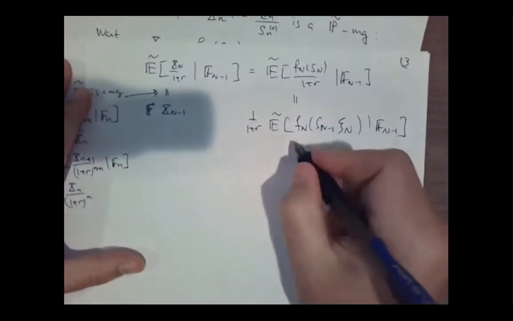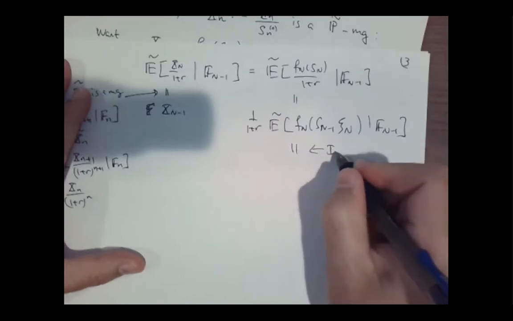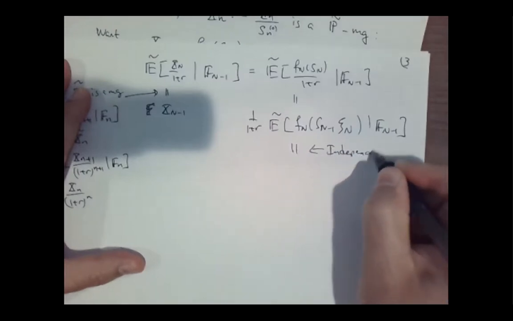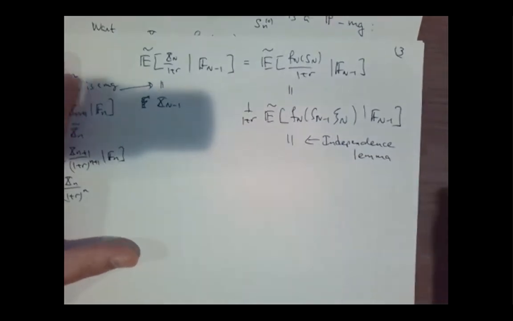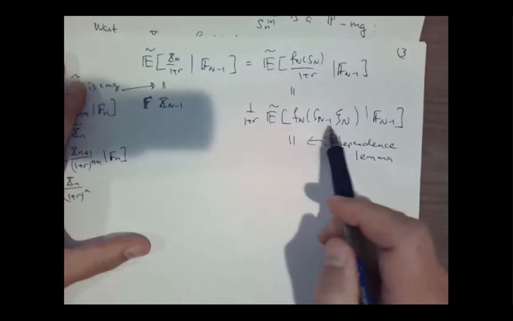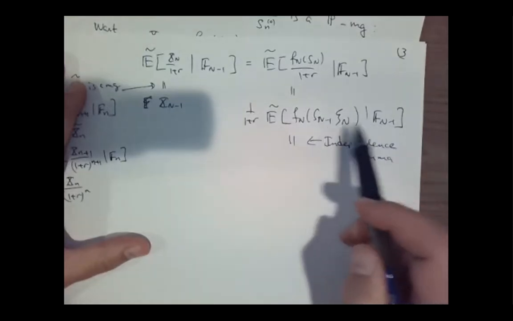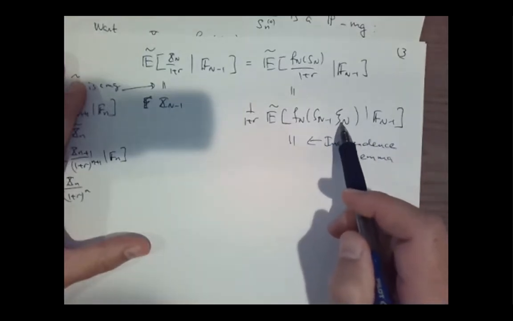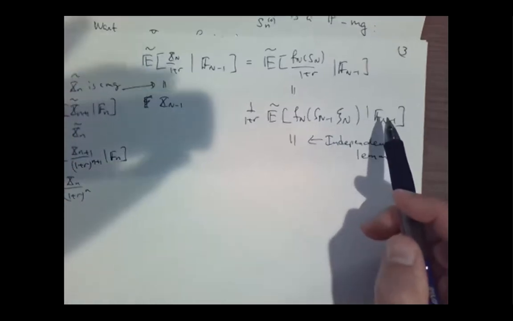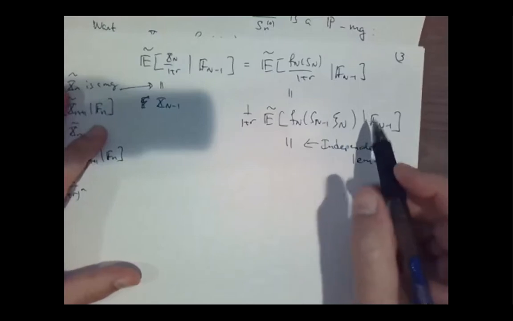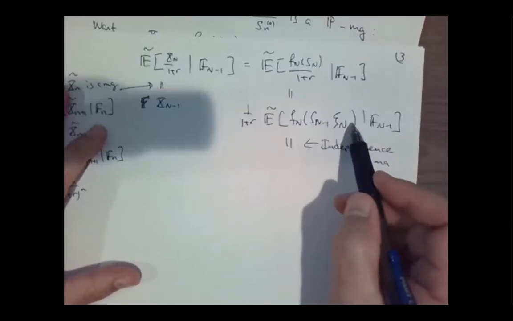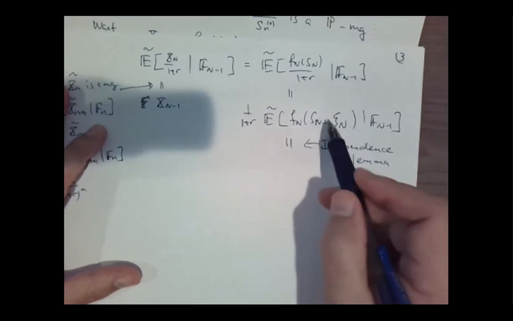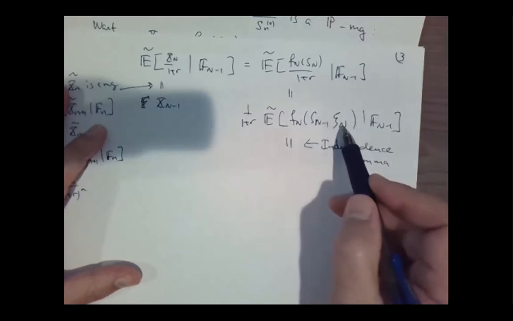And then I can use the independence lemma, because here the stock price at time n minus 1 is measurable, and the capital Nth coin flip is going to be independent. So the independence lemma says you take out what's measurable, replace it by a dummy, and you take the average over the rest. Okay, so I freeze the thing that's measurable, and I take the average over the rest.